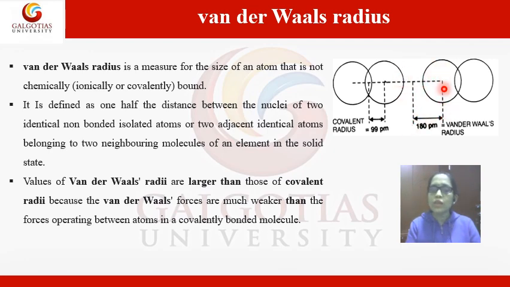So van der Waals radius is half of the internuclear distance of two non-bonded atoms of two molecules. It is defined as half of the distance between the nuclei of two identical non-bonded isolated atoms, or two adjacent identical atoms belonging to different neighboring molecules of an element in a solid state.